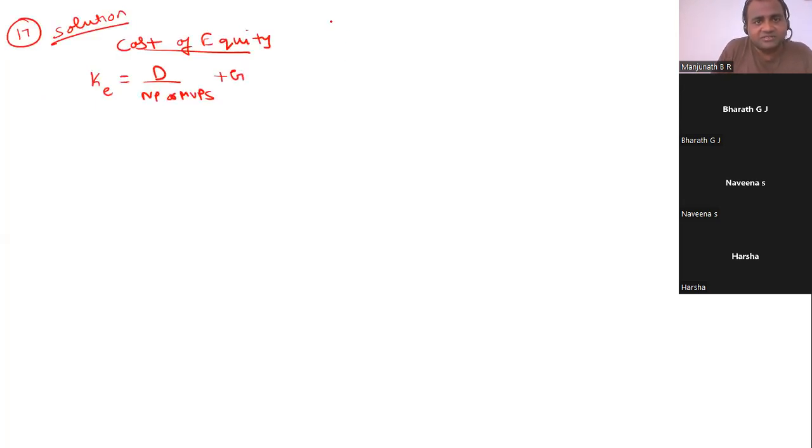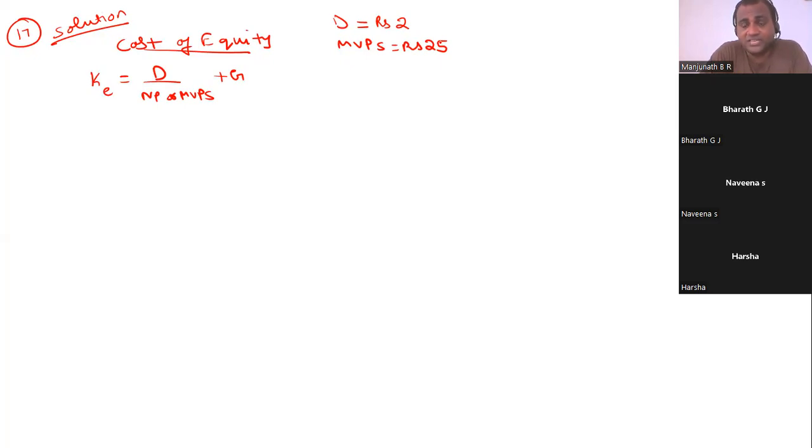Now, what is the dividend they have given in the question? 2 rupees. And NP or MVPS, what will you be using here? 25. MVPS. I'll give one hint. When you are working on the cost of capital, in the very basic problems we did not talk about the share prices, the current market prices.